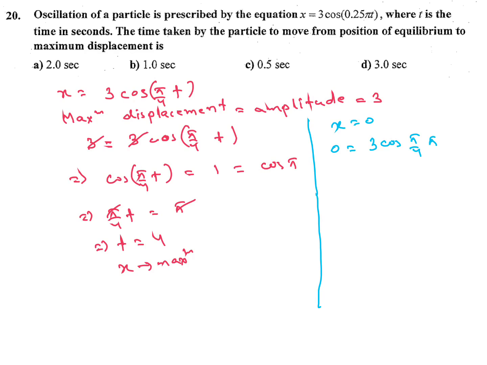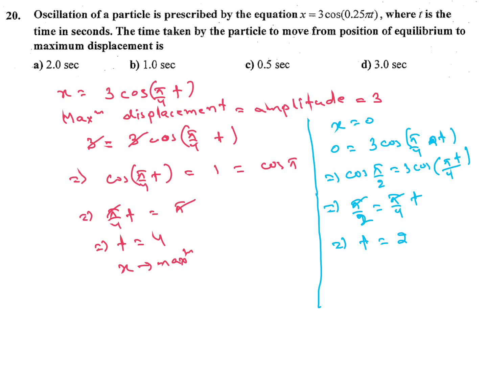So cos 90 is 0, cos π by 2 equals cos πt/4. So π by 2 equals π by 4 into t, so t equals 2 seconds at x equal to 0.